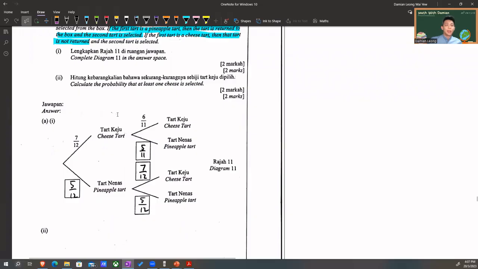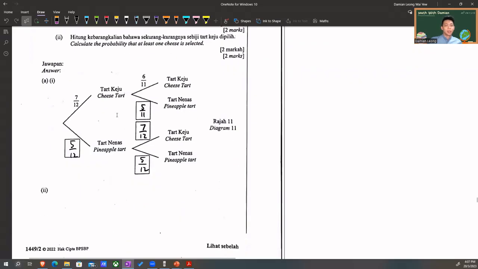Then probability that at least one cheese is selected. At least one cheese means it can be cheese, cheese, cheese, pineapple. It can be pineapple, cheese. So you can take this times this, plus this times this, plus this times this, or a quicker way is actually to take 1 minus none of them are cheese tarts. 5/12 times 5/12.